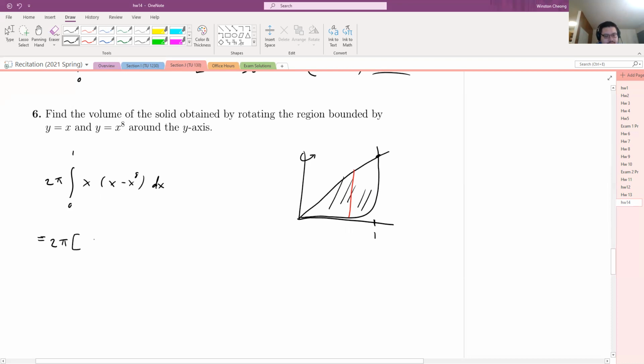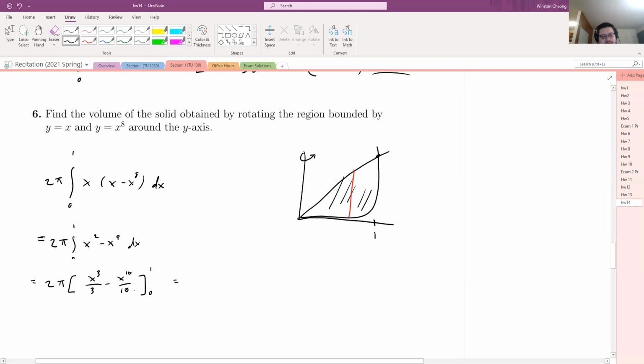So integrating this, first maybe I should simplify the inside. So x squared minus x to the 9 dx. Okay, now I integrate this. x cubed over 3 minus x to the 10 over 10, and then evaluate it from 0 to 1.